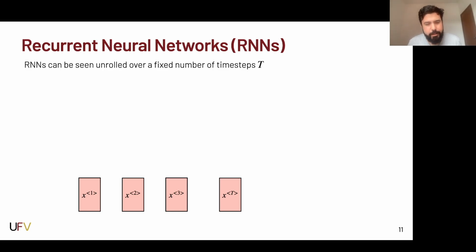Another way that is useful to look at RNNs is unrolling them over time. Right now, the way we defined it is recurrent, so we have this recurrency over each time step t, but you can unroll this recurrency over time. Let's consider a sequence of capital T time steps. Then you would have x1, x2, x3, dot dot dot, xT.